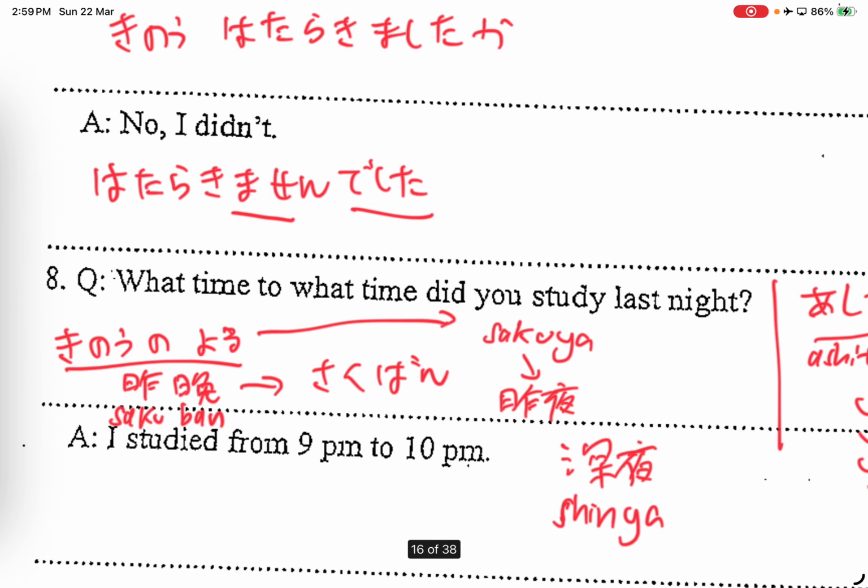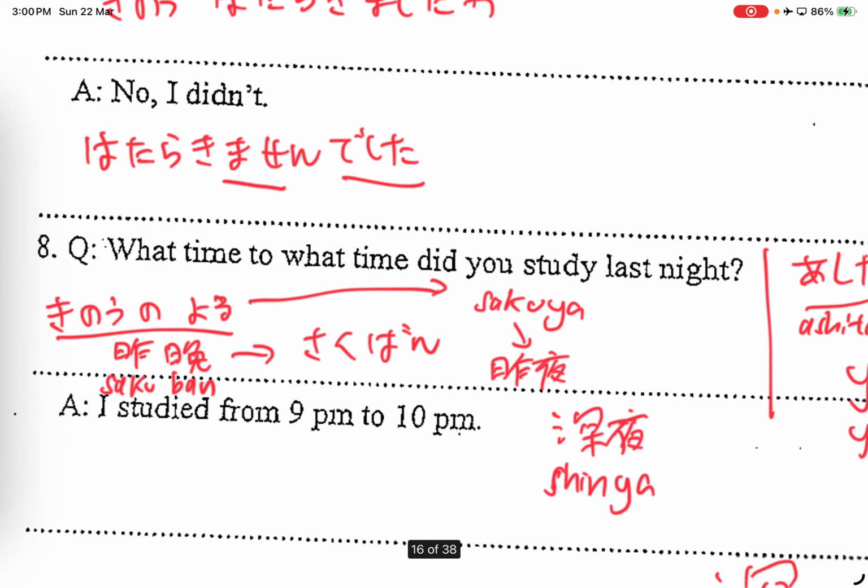No, I didn't. いえ、働きませんでした。So did not work. Right? Did not work. So I'm missing the iye. Yeah. Technically, if you want to directly translate, you can say iye, because they said no, I didn't.